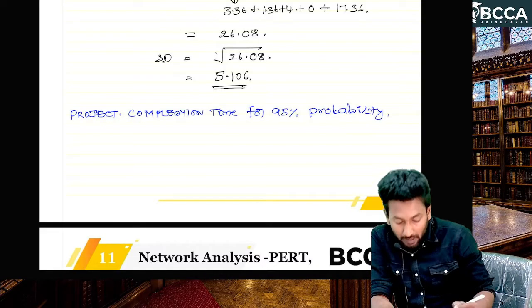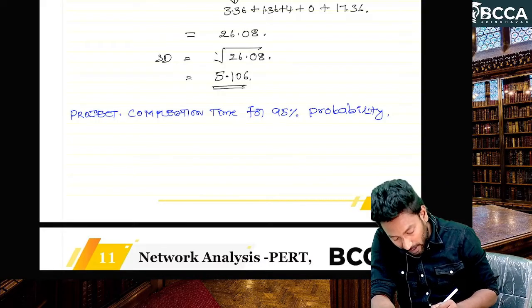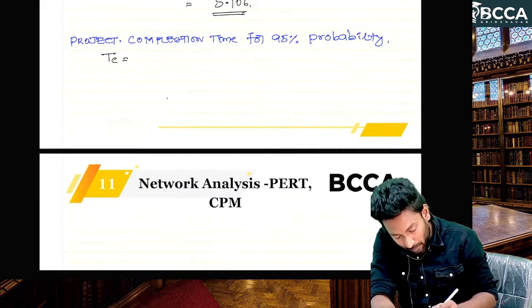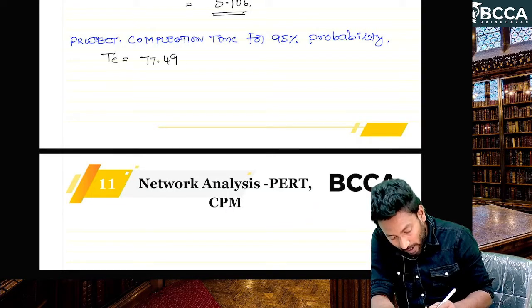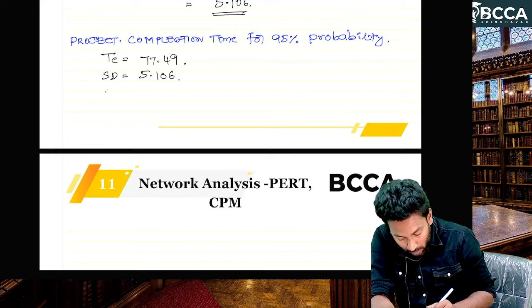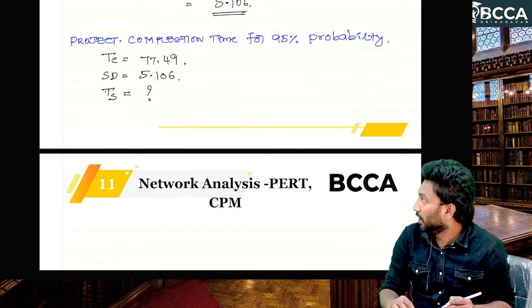So we have the expected time, how much, sir? 77.49. Standard deviation is equal to 5.106. So the stipulated time TS is what we have to calculate.